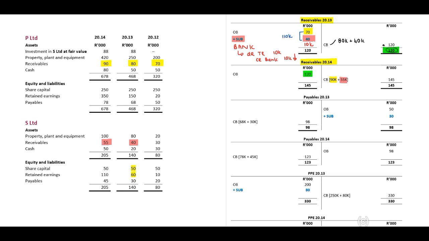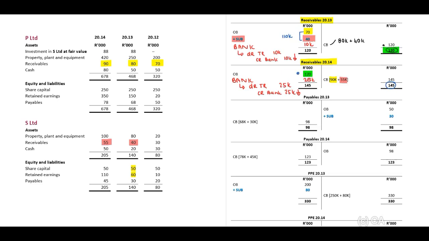Now, when you have to balance your T account, on your credit side 145,000, debit side 120,000, therefore you will still have to include a line item relating to your bank, and this will be 25,000. If you think about your journal entry, you will have to debit your trade receivables, credit your bank account with 25,000, a decrease in your trade receivables.